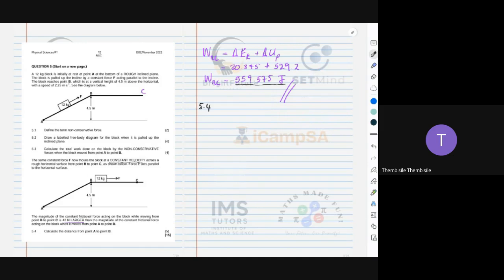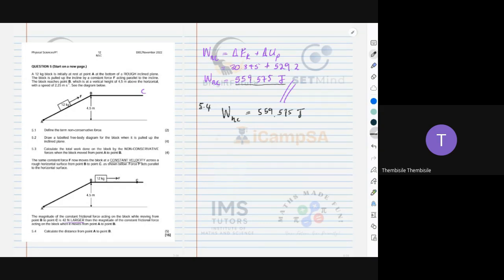Okay, so let's start with work done by non-conservative forces. We've already found it, 559.575 joules. So we know our non-conservative forces. They've given us friction, and then we've got the applied force. Please also check this on your exam guidelines there.